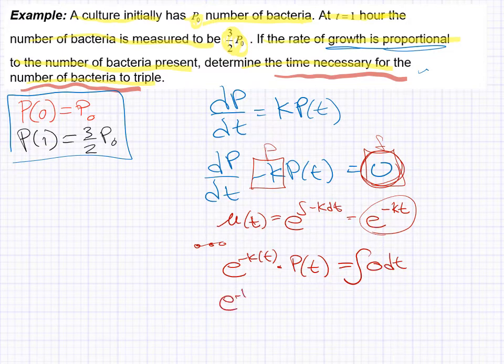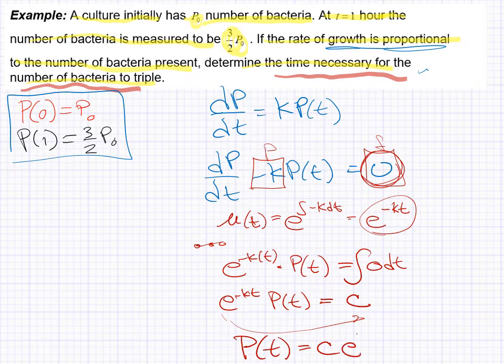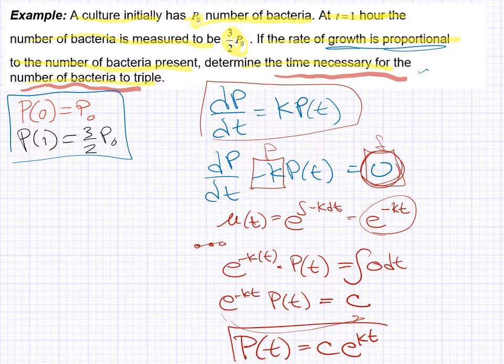We get e to the negative kt times P of t equals c. Then multiply this over with a positive exponent, and you find that P of t equals c e to the kt. Again, we knew that was going to happen. We saw that a second ago when we just looked at what could possibly solve this differential equation. But now you see it happening through our methods of solving linear differential equations, right?